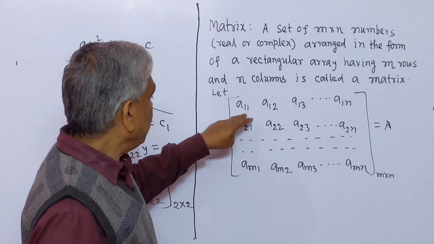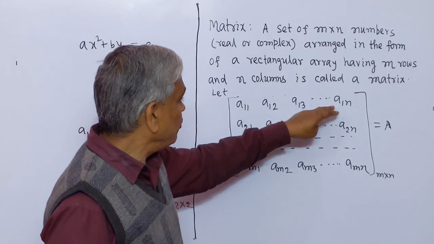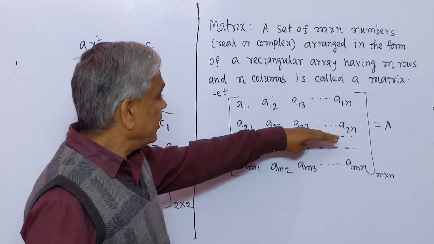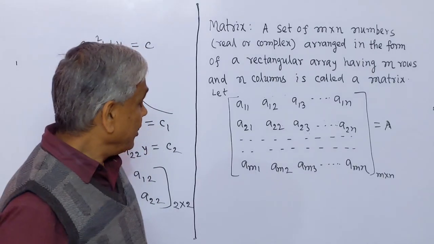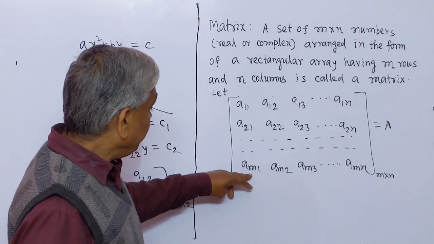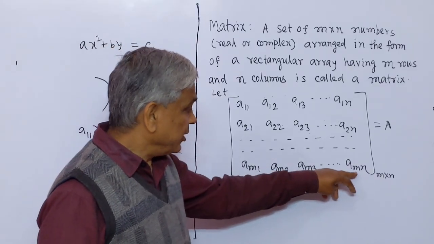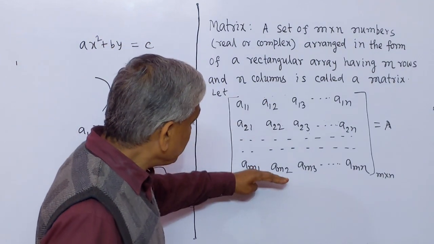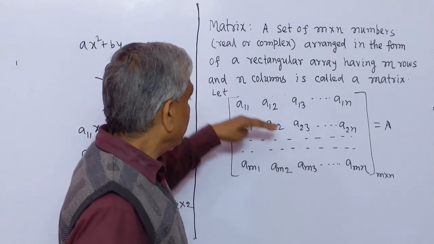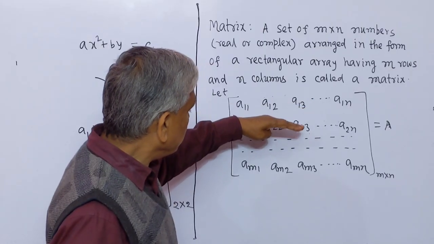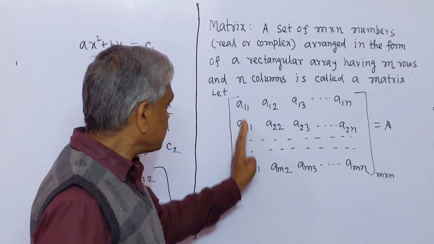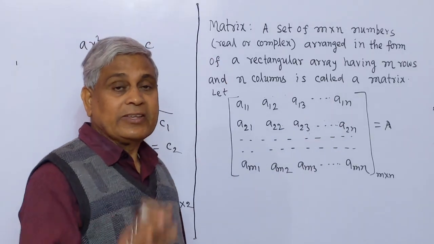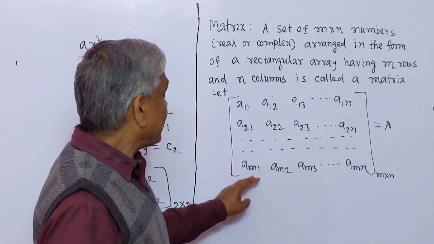The first row contains a11, a12, a13, up to a1n, n number of elements. Similarly, the second row contains n number of elements. Similarly, the mth row contains n number of elements. Means we have m rows and n columns. These are the first row, second row, mth row. This is the first column, second column, third column, nth column. And this arrangement is known as a matrix.